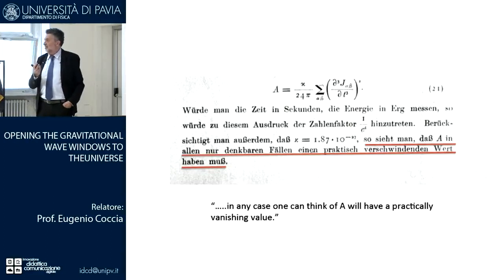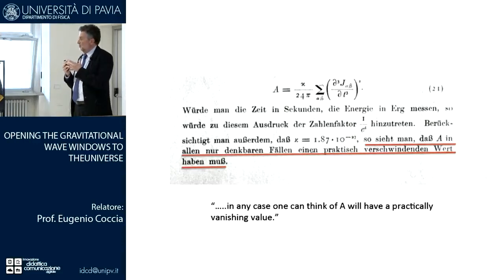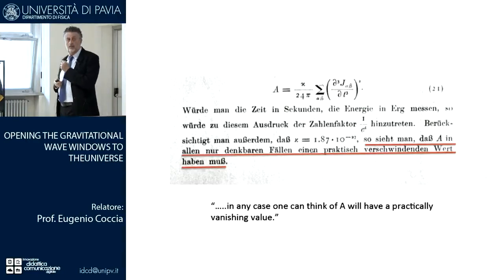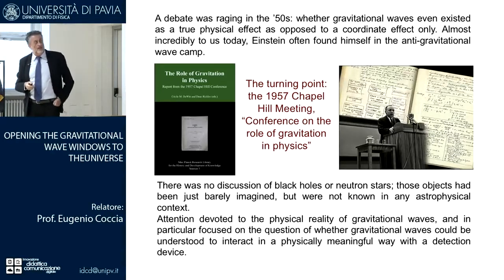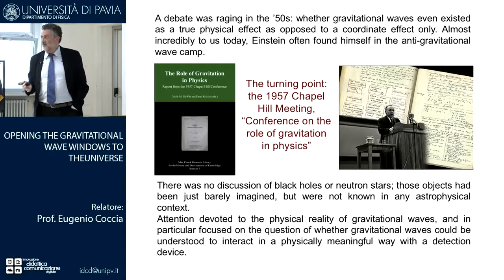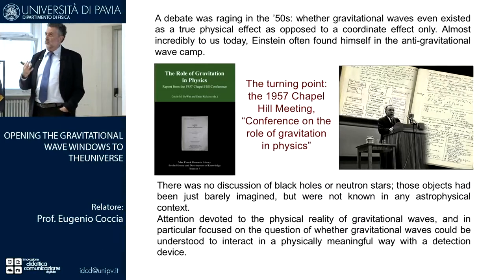Einstein understands that space-time is very stiff, and that it is very difficult to have a large amplitude wave propagating in space-time. So gravitational waves were considered a curiosity, but not really something that you can detect, that you can try to see.